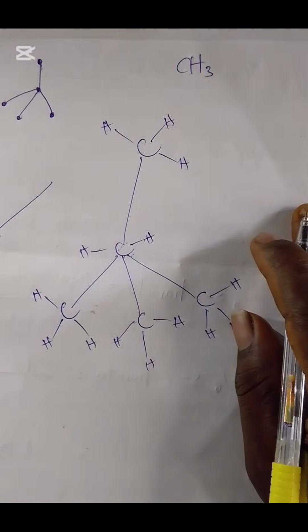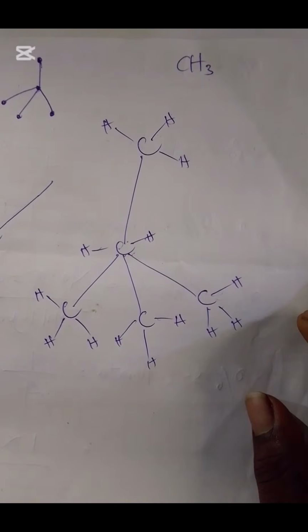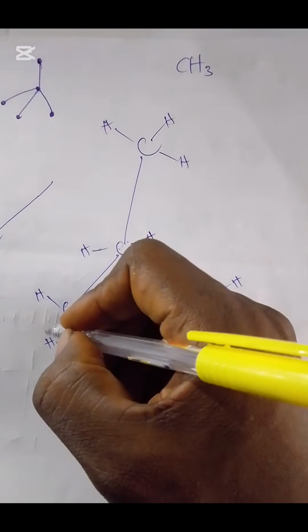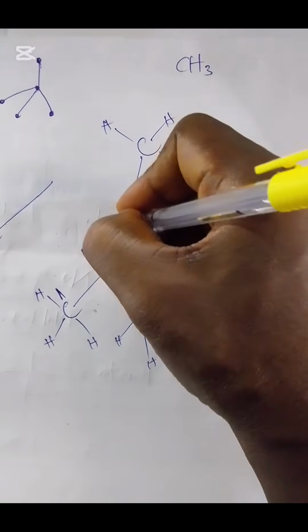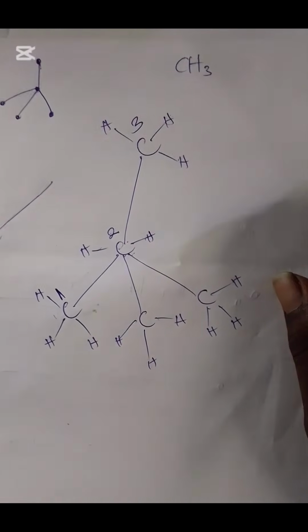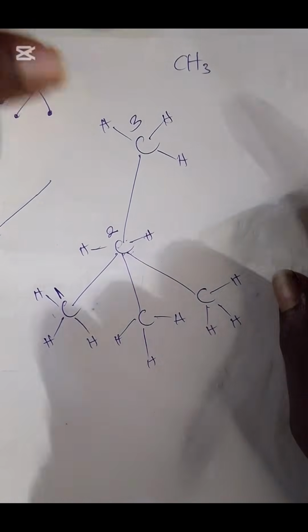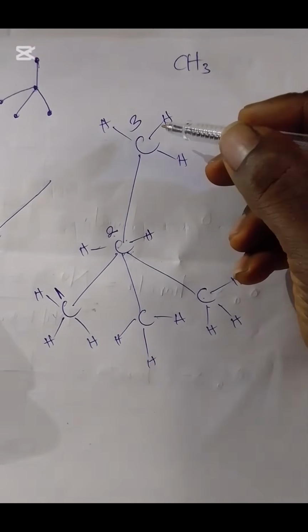So how do we name this compound? The first rule is to determine the total number of carbons in the chain, which is the parent chain. So if I move in this direction, I will have 1, 2, and 3. Also, if I move in this direction, I'm going to obtain the same number of carbons in the parent chain, which is 1, 2, and 3.